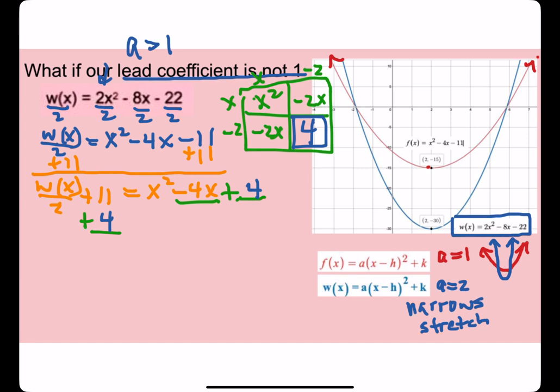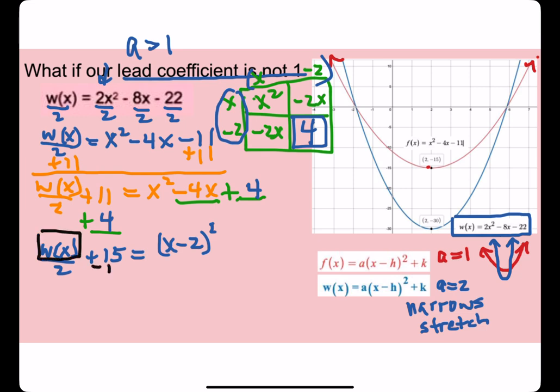Now, here on the left side, I'll have w of x over 2 plus 11 plus 4 is 15 equals x minus 2 squared are my factors. And then one at a time, I'm going to solve this for w of x.